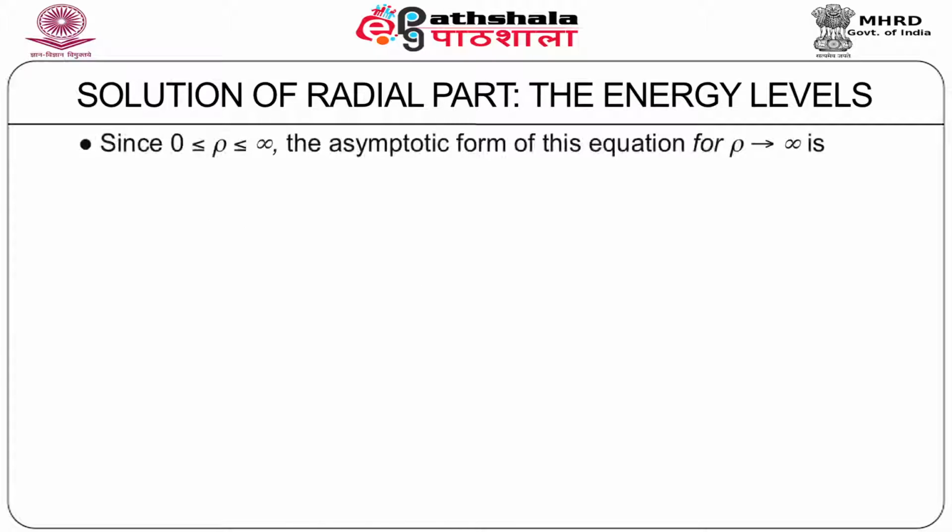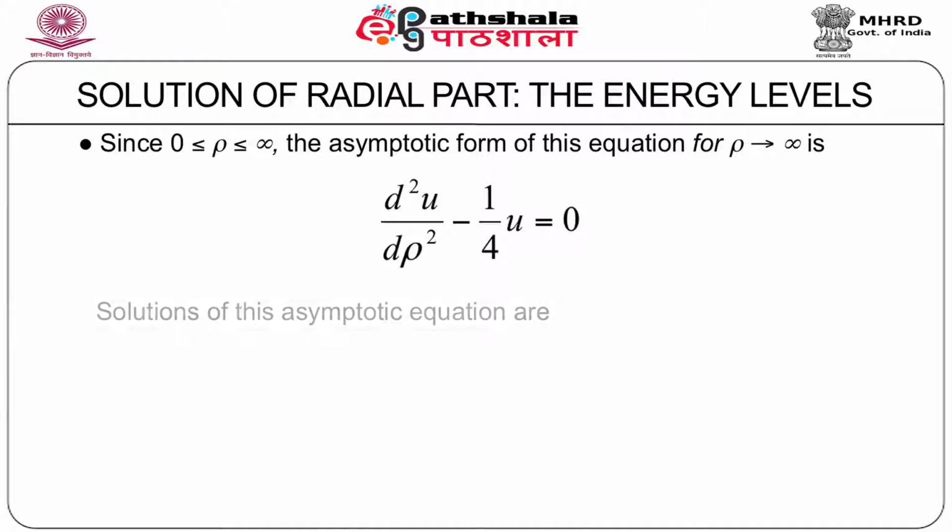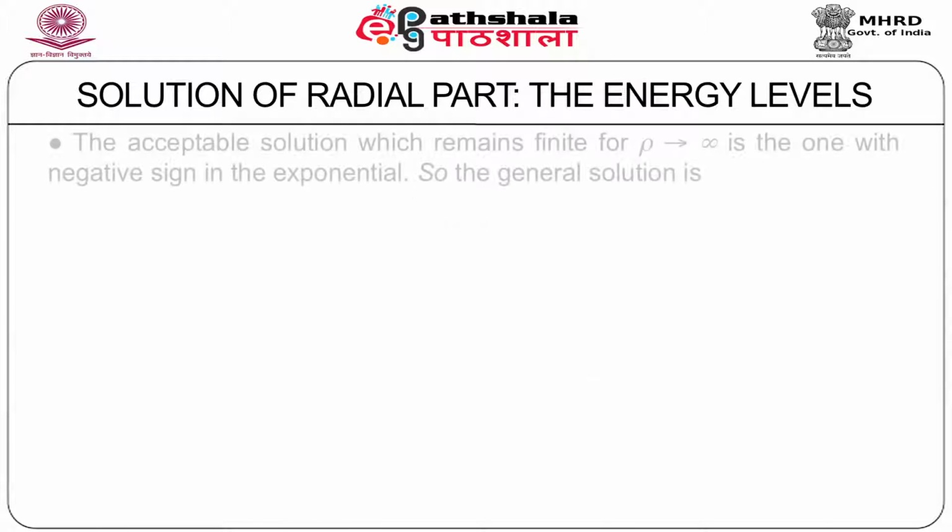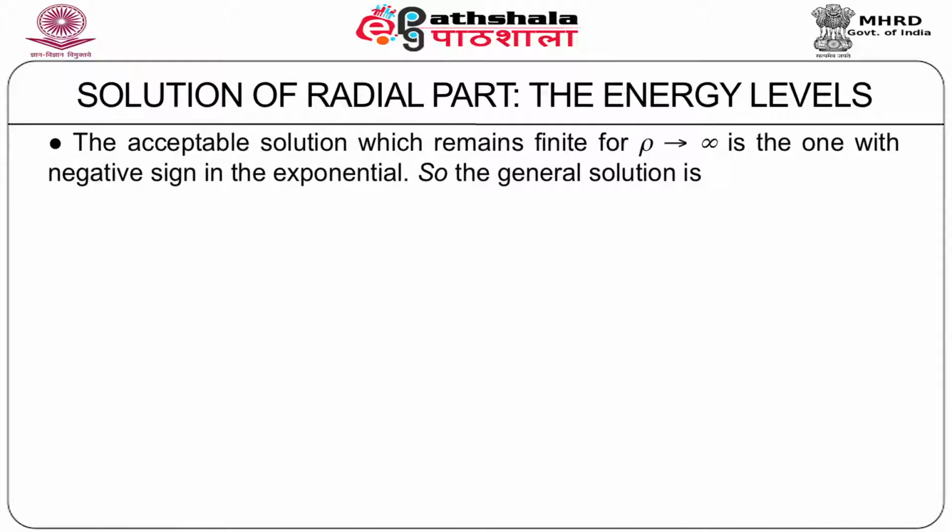Now since rho lies between 0 and infinity, the asymptotic form of this equation is d squared u by d rho squared minus 1/4 u equals 0. Asymptotic solutions are e to the power plus or minus rho by 2. The acceptable solution, which remains finite for rho tending to infinity, is the one with the negative sign in the exponential.